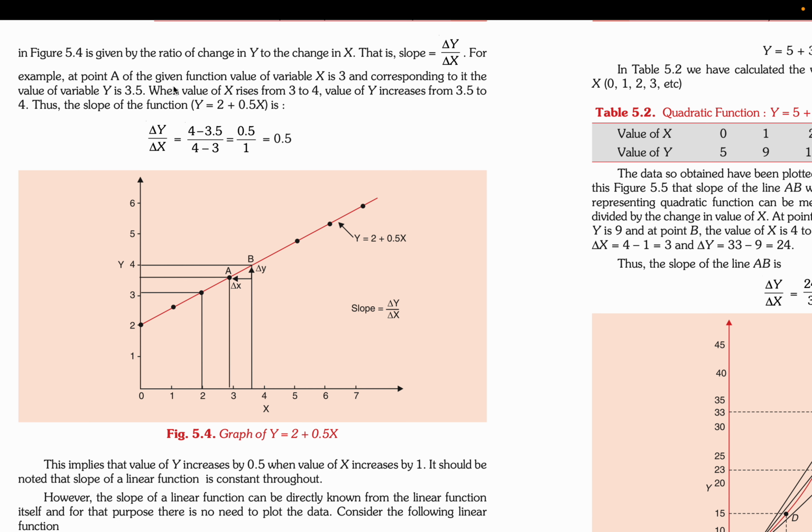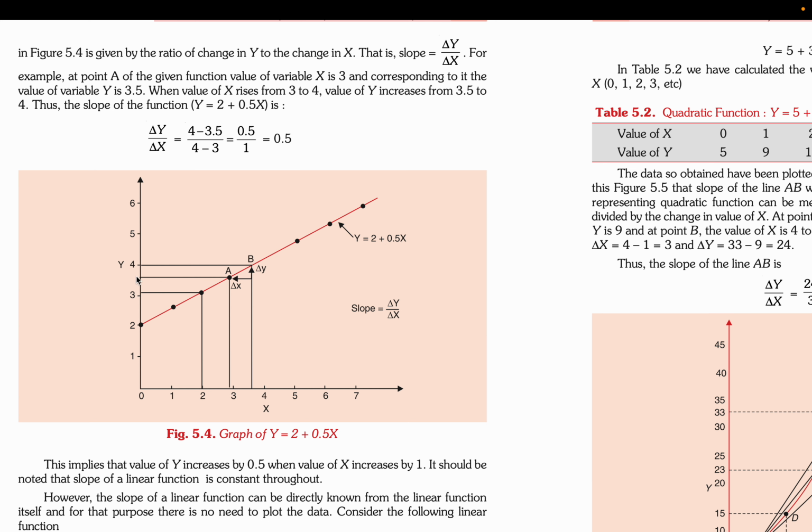So at point a of the given function, the value of variable x is 3, and corresponding to it, the value of variable y is 3.5. When the value of x rises from 3 to 4, the value of y increases from 3.5 to 4. This is the slope of the function, given by the change in y.